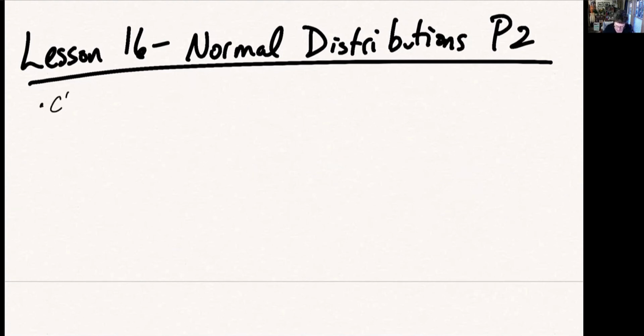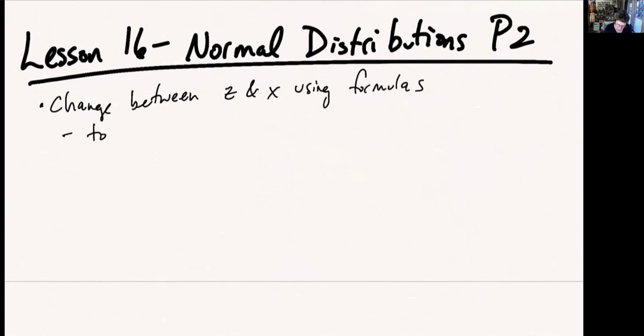We learned how to change between Z and X using formulas. Okay, so to convert from X to Z, we use Z equals X minus the mean divided by the standard deviation.